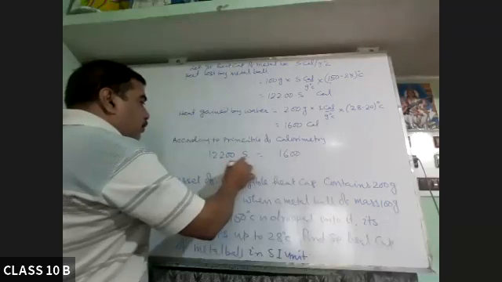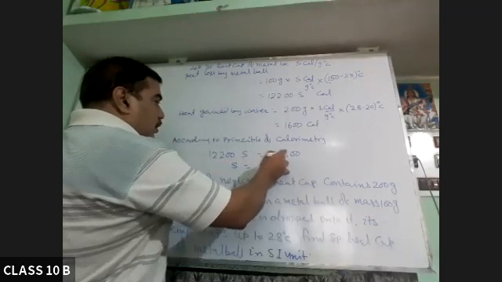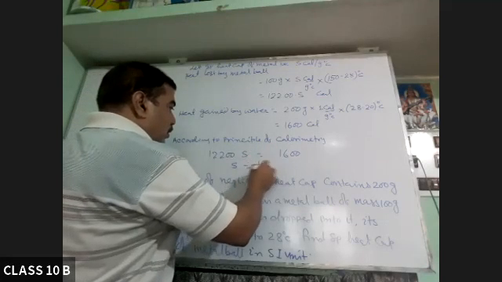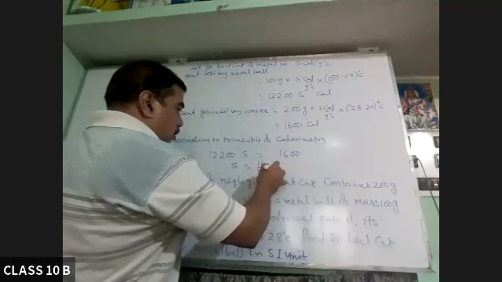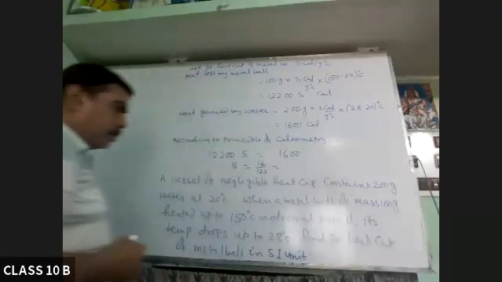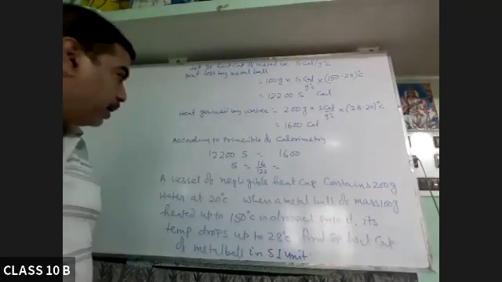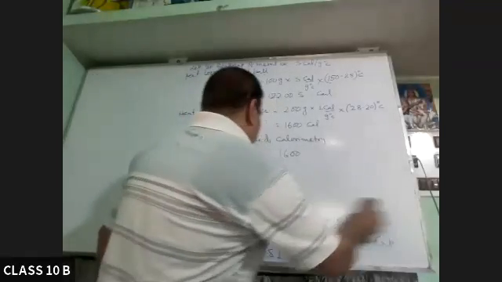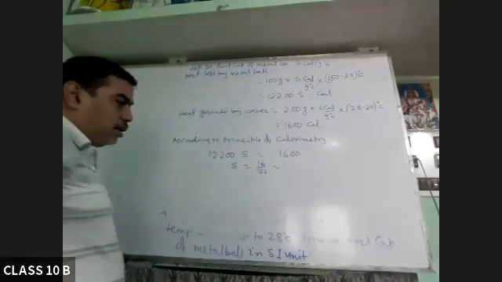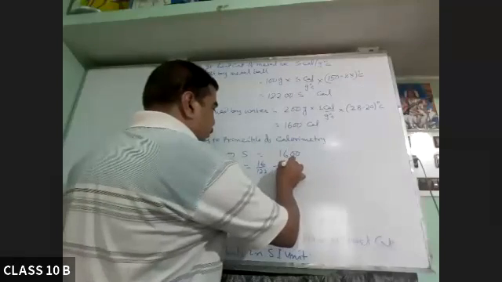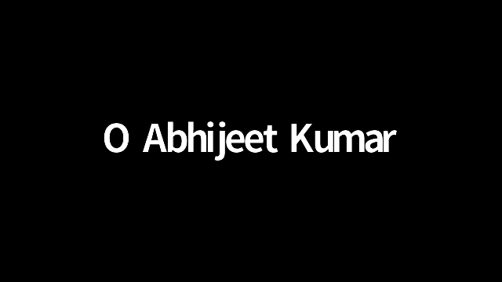So this S we got, zeros cancel, 16 by 122. So this much value you will find. How much did you get after dividing? 8 over 61. So 0.1 something you will get, no? 0.13.